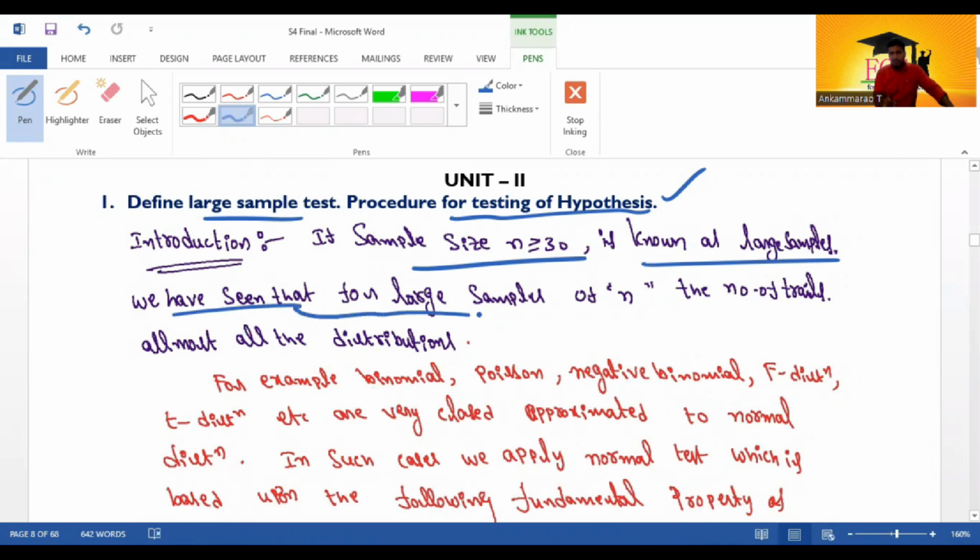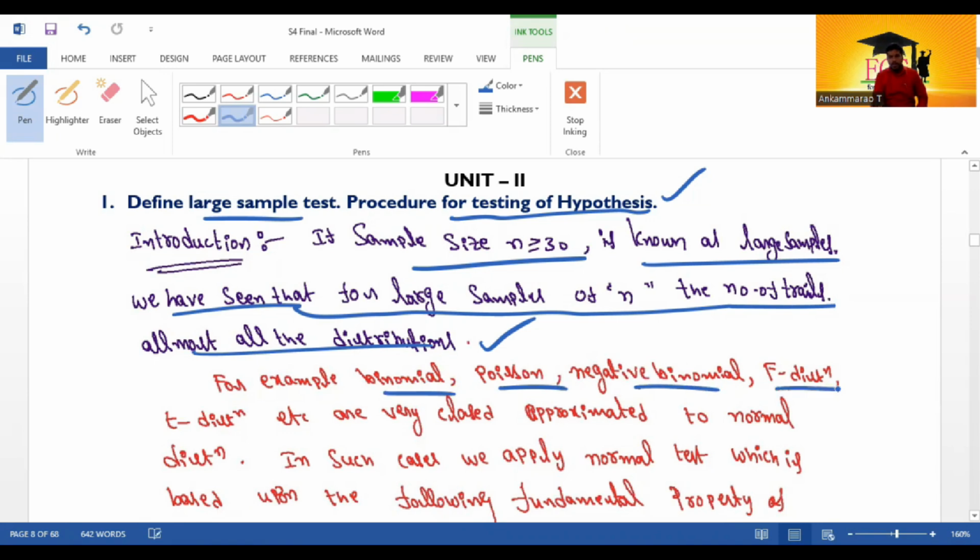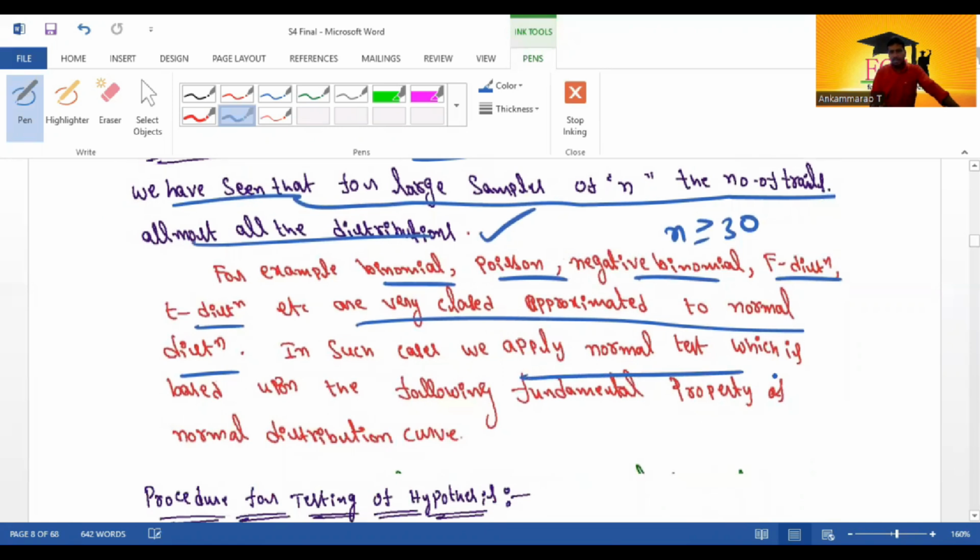We have seen that for large samples, almost all the distributions, for example binomial, Poisson, negative binomial, F distribution, t distribution, etc., for n greater than or equal to 30, are very close to the normal distribution. In such a case, we apply the normal test, which is based on the following fundamental property of the normal distribution curve.